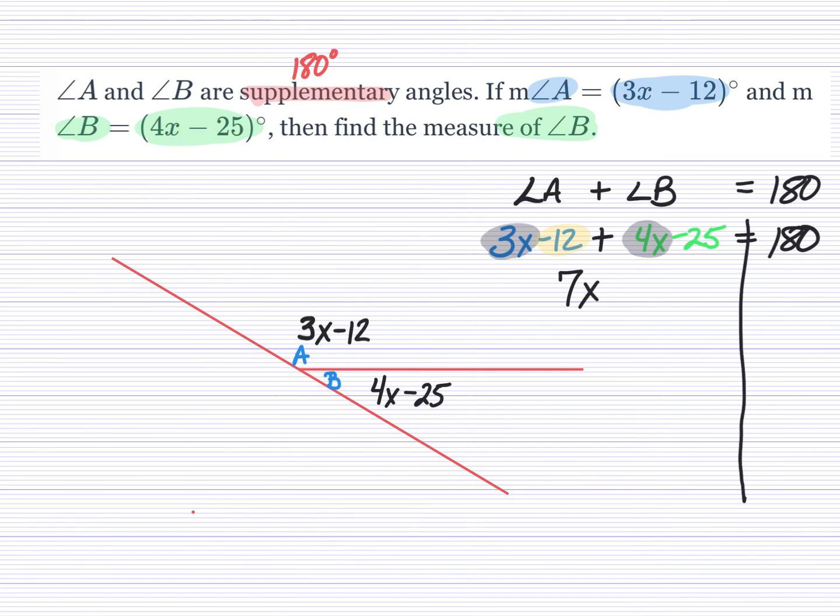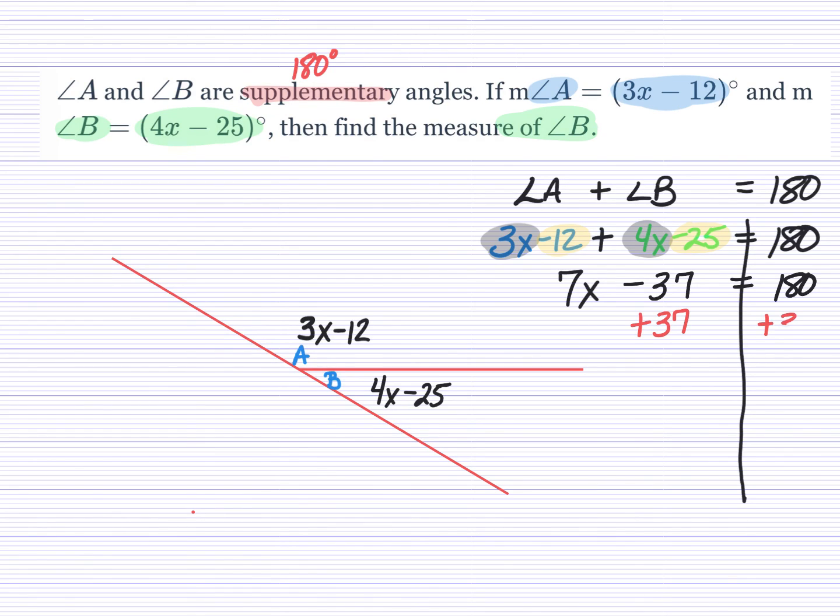Negative 12 and negative 25 are also on the same side, so we don't have to do anything to get them to the same side. We just need to combine our like terms. Together they make negative 37. Our 180 is just tagging along as we go here. Next thing I need to do is gather my like terms, so the 37 is the next to go.